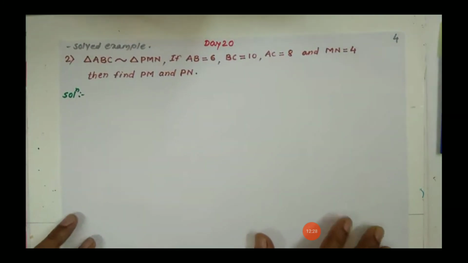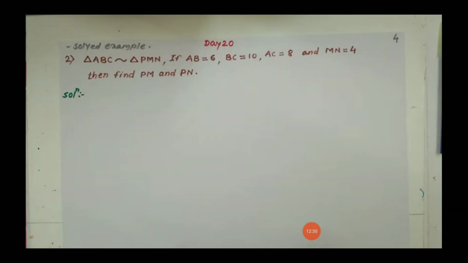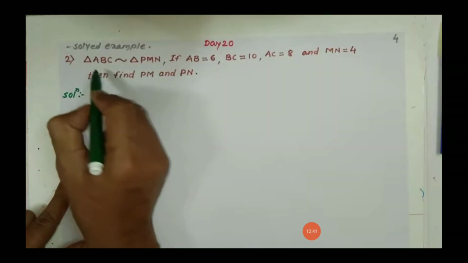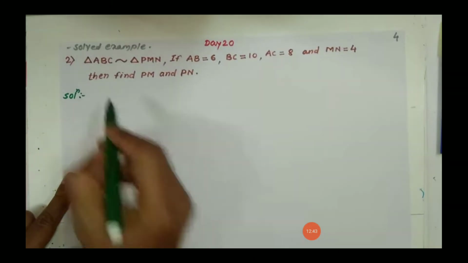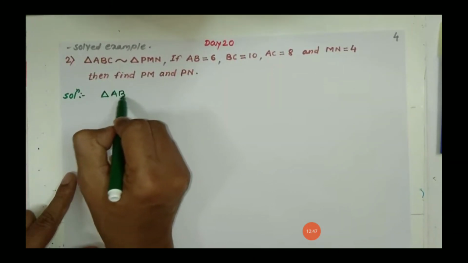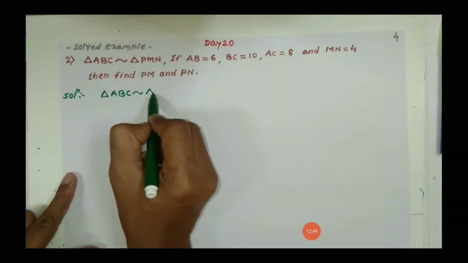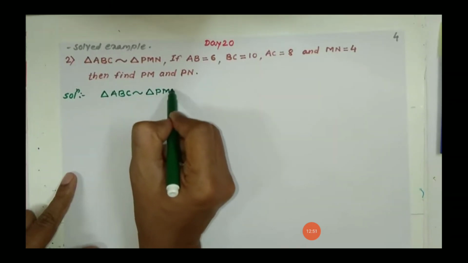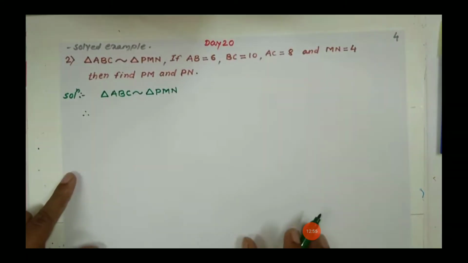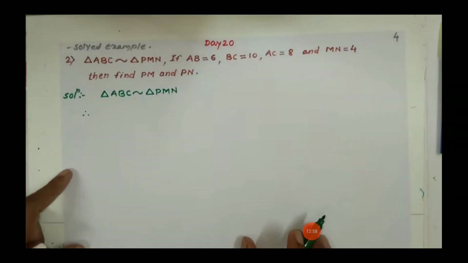That is very important. When two triangles are similar, their corresponding sides are in equal proportion. So we'll start our solution with that only. See what is given. We'll start with this line. What is given? Triangle ABC is similar to triangle PMN. Therefore we can write the corresponding sides in equal proportion.